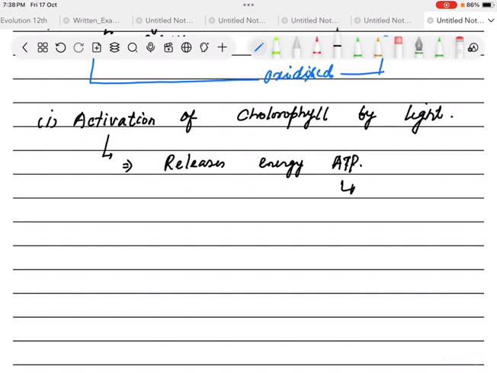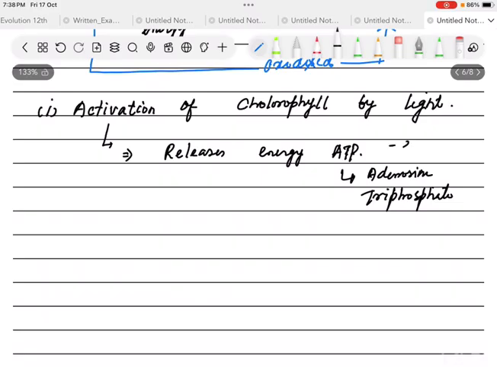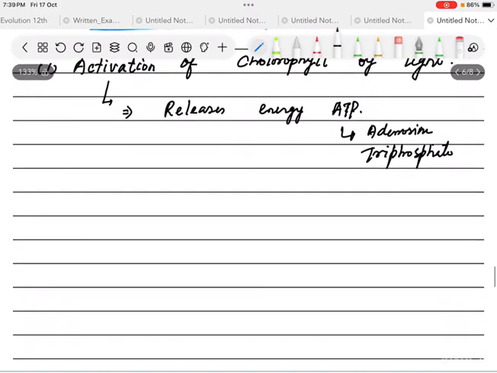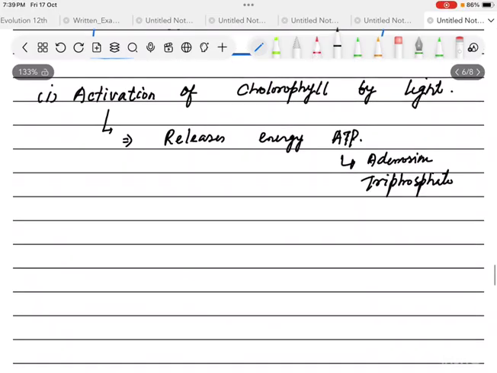What is this ATP? ATP is adenosine triphosphate. Fine. And it also releases some electrons as well. You just have to remember that it releases ATP. Fine. Okay. And this is the first step.